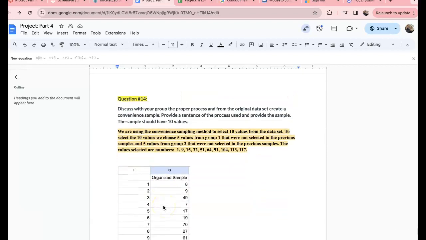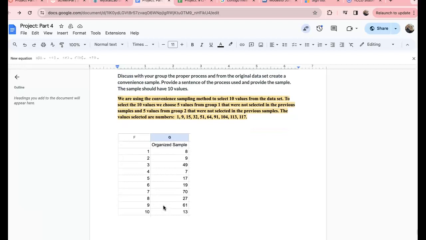For question number 14, we were asked to discuss the proper process from the original data set and create a convenience sample. So we did the convenience sample method and selected 10 values from the data.